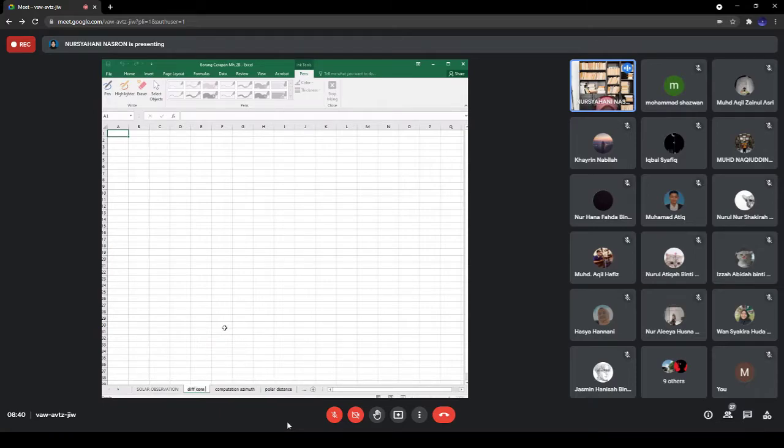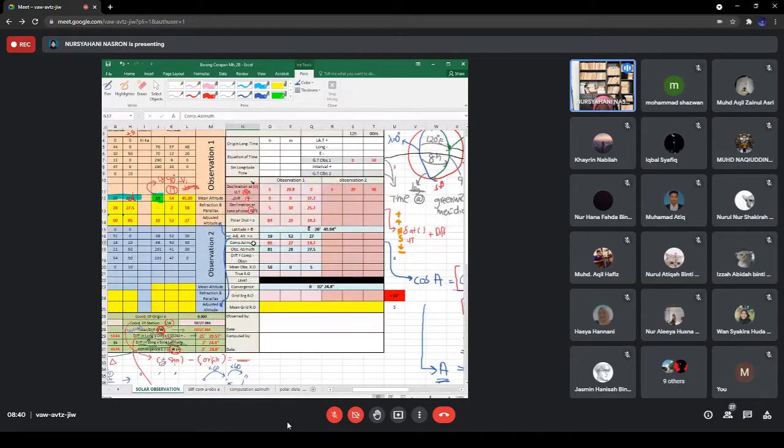This is computation azimuth. This is observation azimuth. First, your observation azimuth is when you observe the sun based on your assumed bearing.